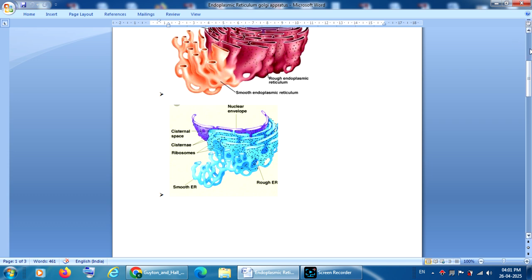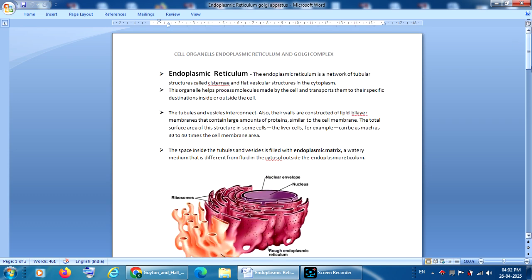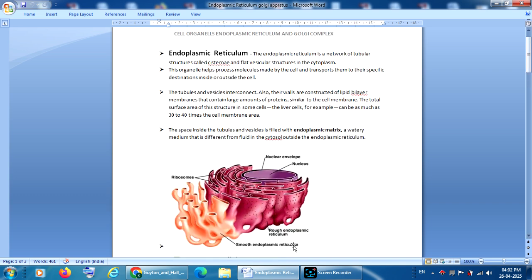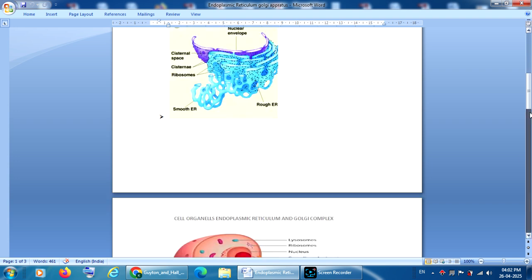So whatever the vesicles, endoplasmic reticulum vesicles, the small vesicles will be pinched off from the endoplasmic reticulum, and these vesicles are taken up by the Golgi apparatus.